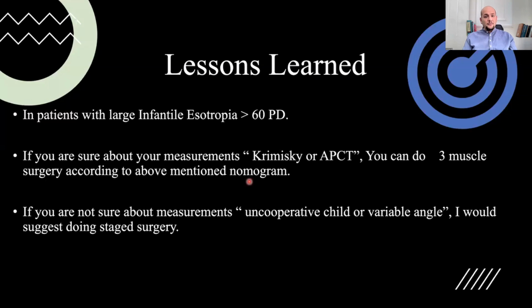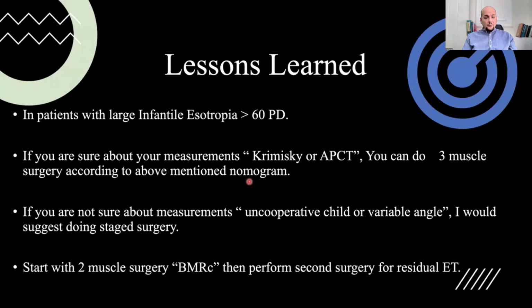Start by doing bilateral medial rectus recession, 6 millimeters, and counsel the patient that the child will definitely need another surgery for the residual esotropia after 3 to 6 months. So you can do either unilateral or bilateral LR resection for the remaining esotropia. That is much better than doing 3-muscle surgery if you are not sure and getting consecutive exotropia.